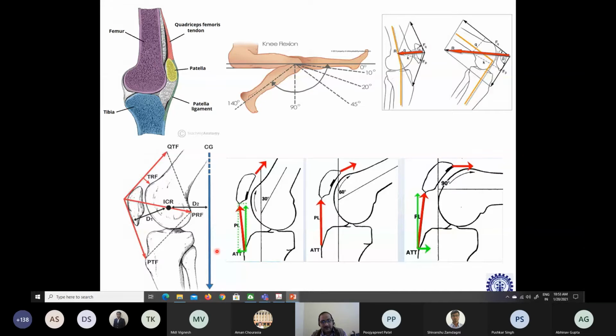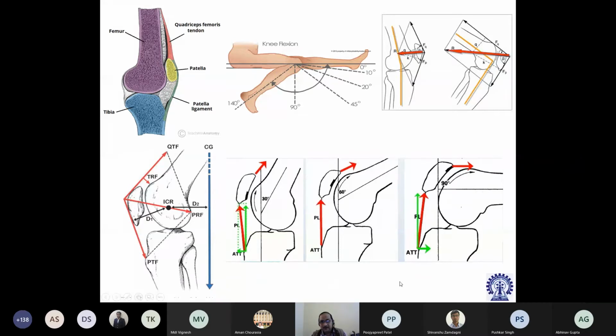In case of, I will say what happens if there is a problem with the patella, but before that, I will just show you a figure from the book. Just a moment. Where is it?